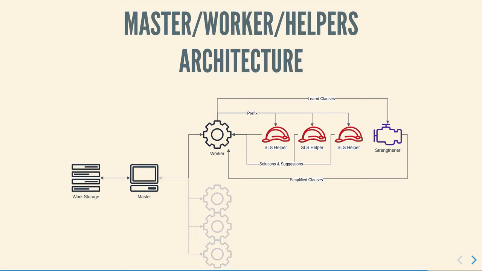It also needs to interact with the strengthener, so it will periodically send its clauses to the strengthener so the strengthener can strengthen them and then send the clauses back to the worker for reinsertion.